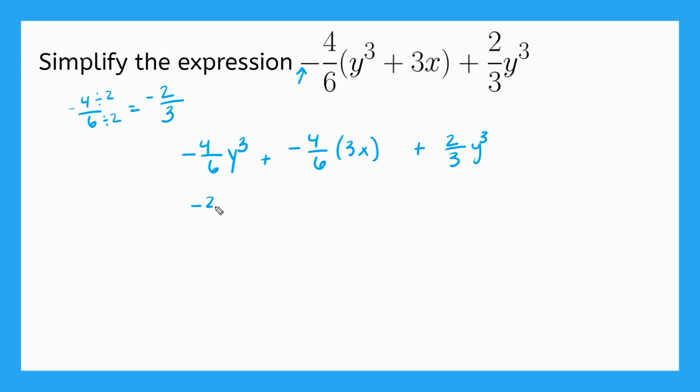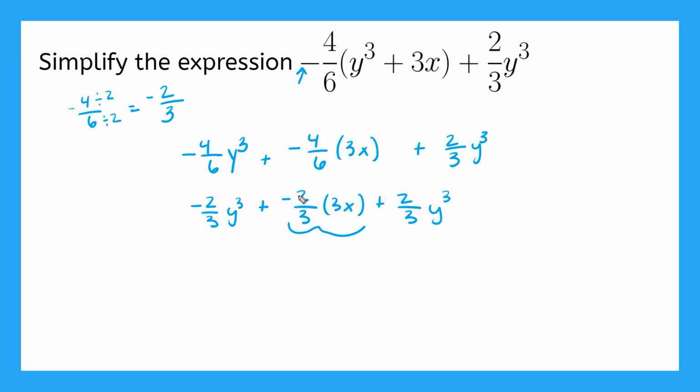So I can just replace the negative 4/6 here. So I'm going to have negative 2/3 times y cubed plus negative 2/3 times 3x plus 2/3 y cubed. Alrighty, do we see any terms that we could simplify any further? Yeah, this one here, right? Negative 2/3 times 3x. How can we simplify that?